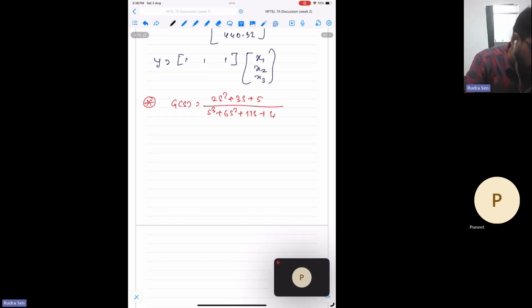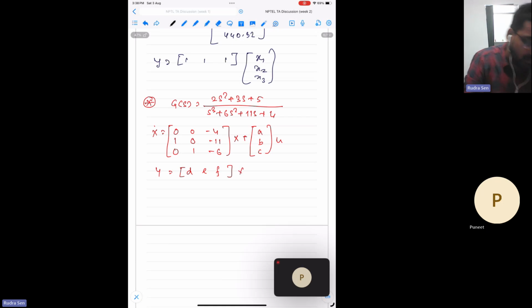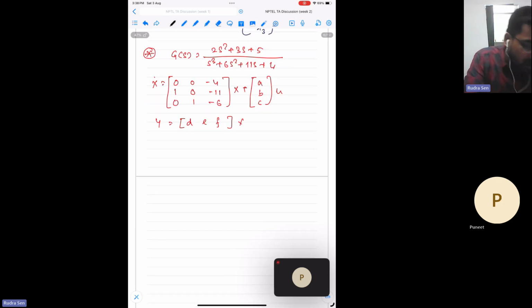And you are given x dot equals [0 0 minus 4; 1 0 minus 11; 0 1 minus 6] x plus [a b c] u, and y equal to [d e f] x.